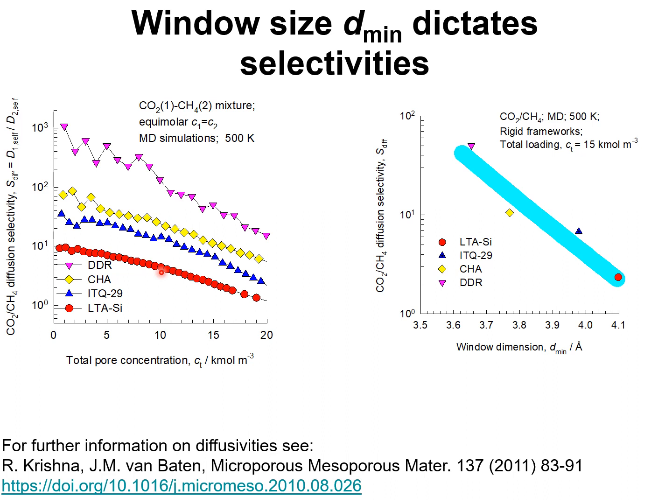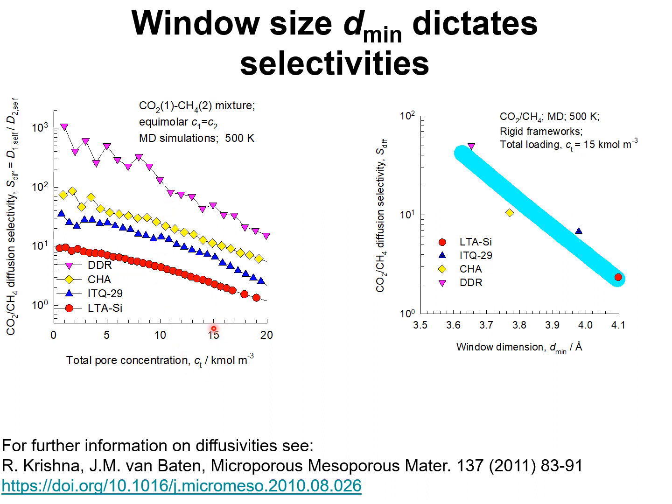The red circles show the selectivity values for all silica LTA, and these values are the lowest because the window dimensions of 4.1 angstrom in this case is significantly larger than the minimum dimension of 3.65 for DDR.